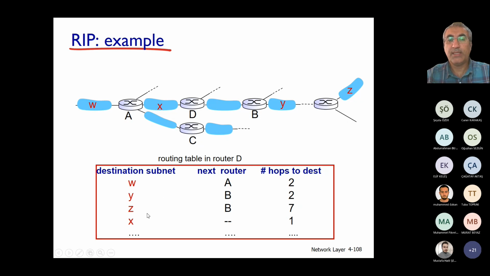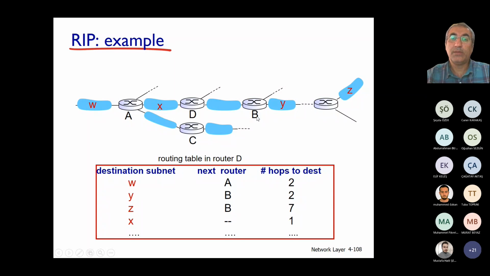The first column is the destination subnet. The second column is the next router. And the third column is the number of hops to the destination. So as you can see, in order to reach subnet W from D, the next router is A, and it takes 2 hops, right?